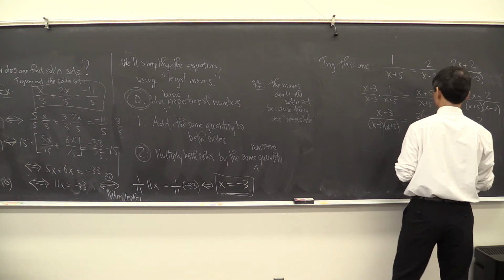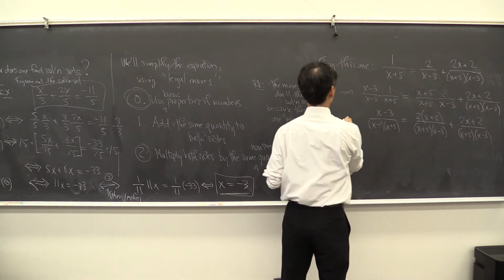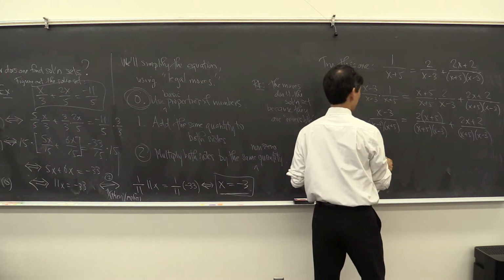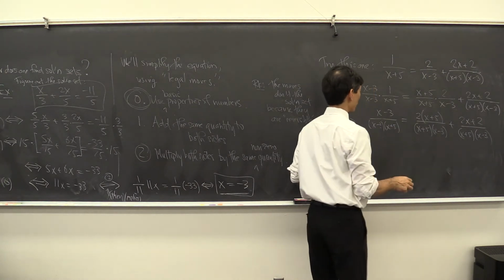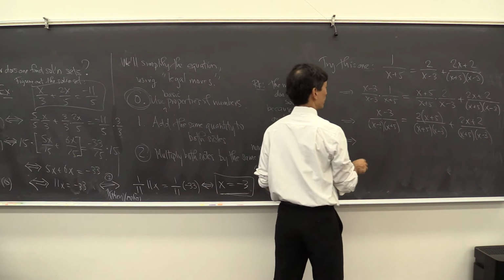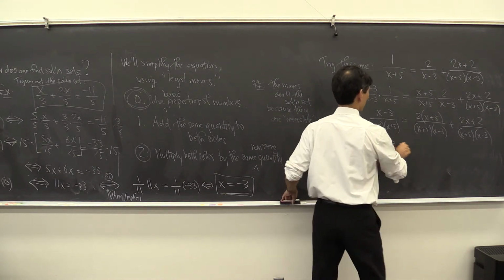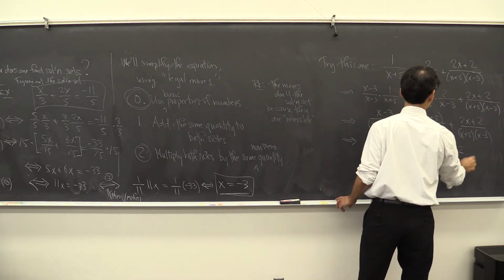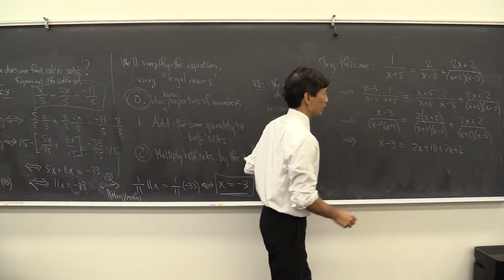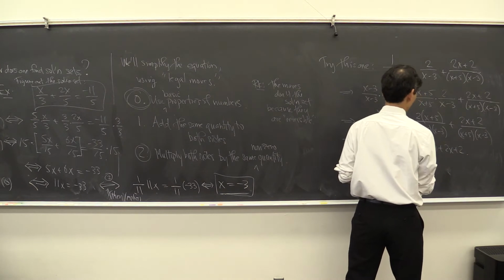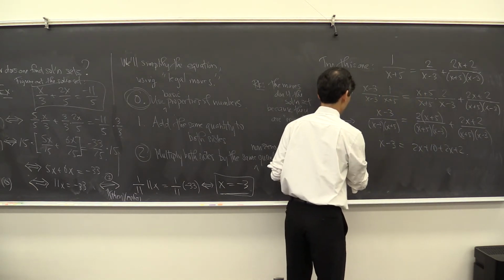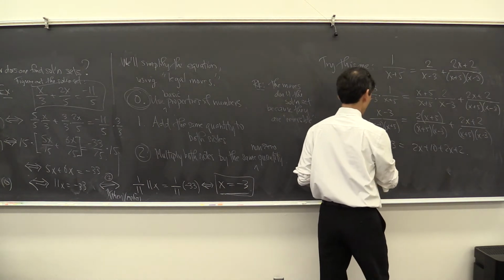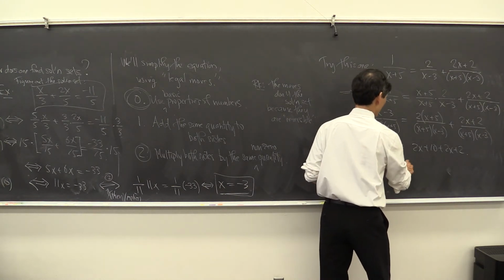And then you can multiply all of that by x minus 3 times x plus 5, which simplifies it to x minus 3 equals 2x plus 10, plus 2x. And then you add 3 to both sides.